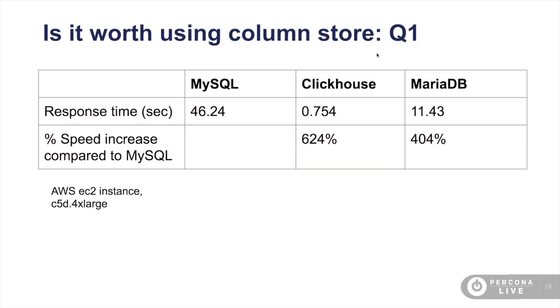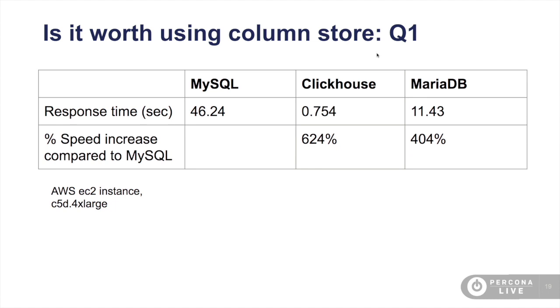In MySQL, the response time is 46 seconds. In ClickHouse, it is 0.7. MariaDB is 11 seconds. So we can see this substantial performance increase. ClickHouse, 600%, MariaDB ColumnStore, 400%. So this is definitely worth it for query number 1.